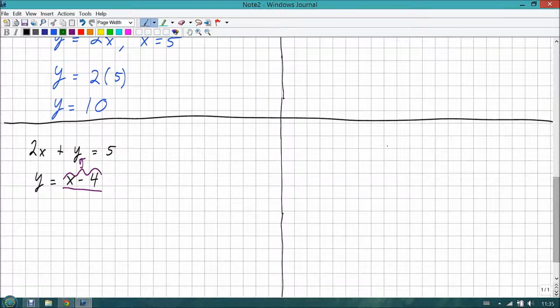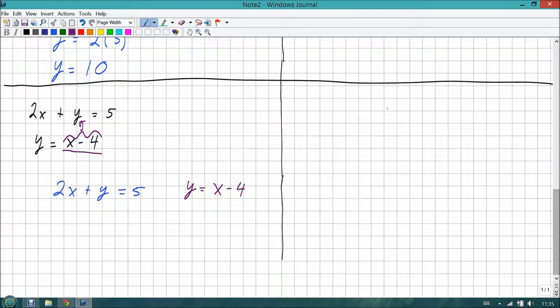So that would look something like this. I would have 2x plus y is equal to 5. But I know that my y is really x minus 4. So I would plug in x minus 4 for that y value. So then I would have 2x plus y, which is really x minus 4 in disguise, and that's equal to 5.